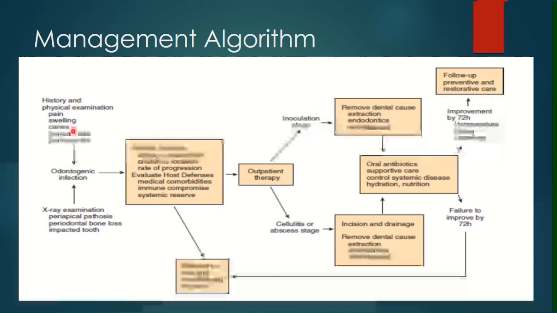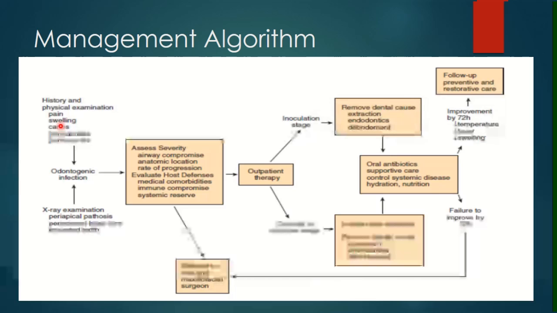So let's say we do the physical examination and check the vital signs, then we go to check the patient extraorally, checking the site of the swelling, the site of the pain, any lymph node involvement, and the texture of the swelling, and we're going to have details about the difference between them.